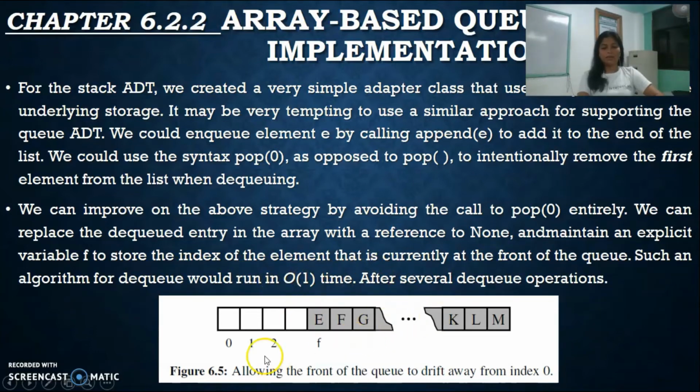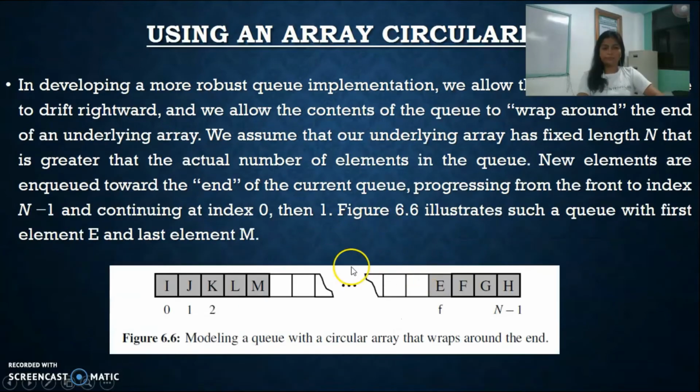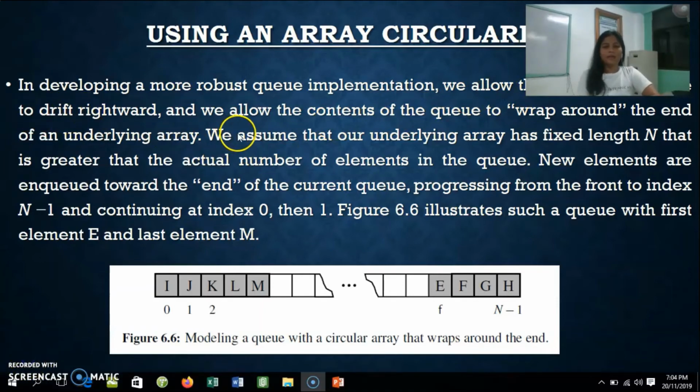After several dequeue operations, this is figure 6.5, allowing the front of the queue to drift away from index 0. Using an array circularly and developing a more robust queue implementation, we allow the front of the queue to drift, and we allow the contents of the queue to wrap around the end of the underlying array.